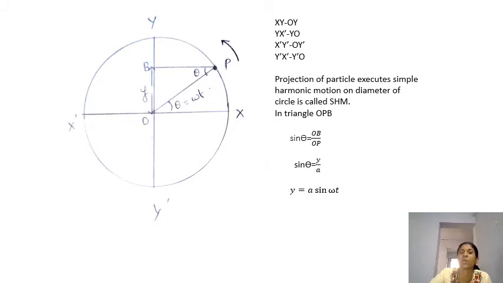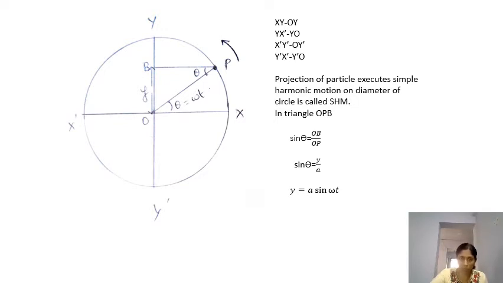So in order to show this condition of simple harmonic motion of a particle, we imagine the circle, and with respect to the projection, we explain the simple harmonic motion on the diameter of the circle. Next, the particle moves along the circumference.